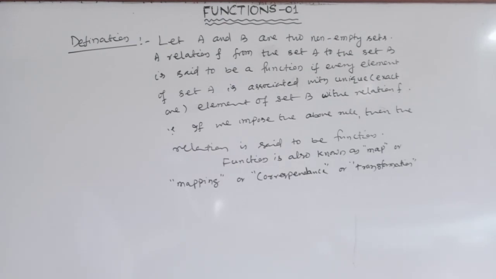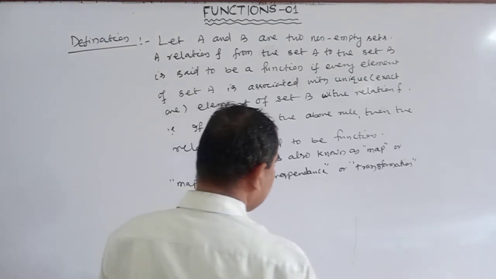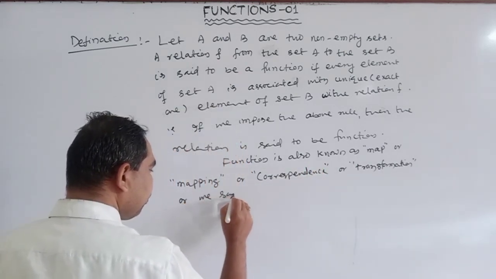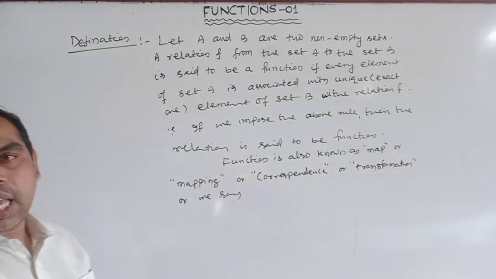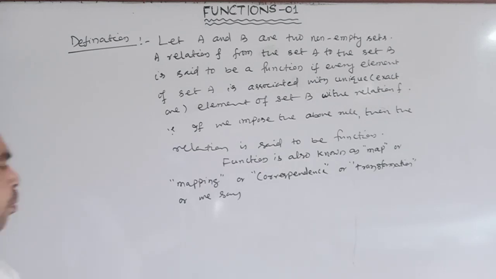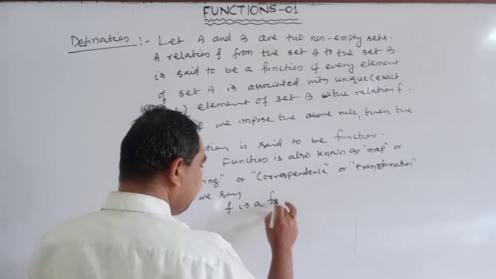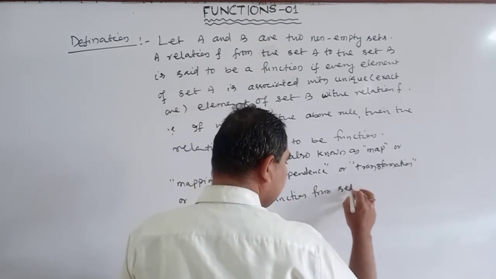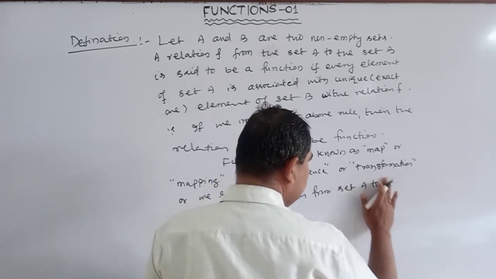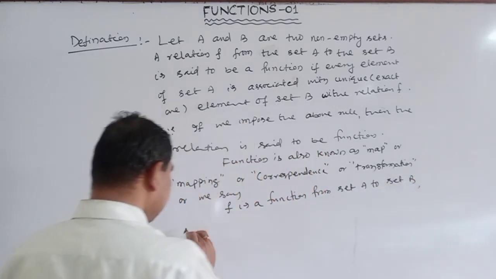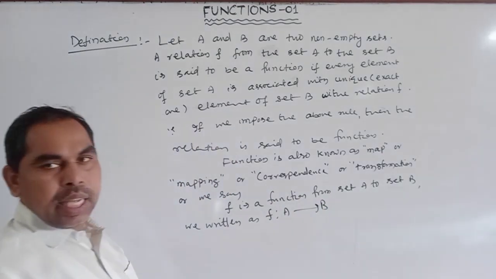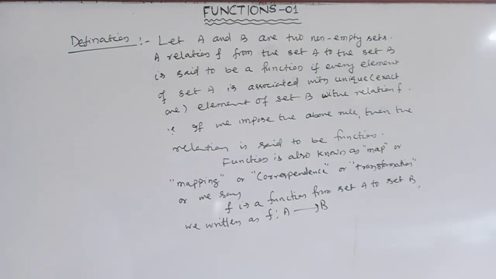Okay, and we say F is a function from set A to set B, written as F from A to B.